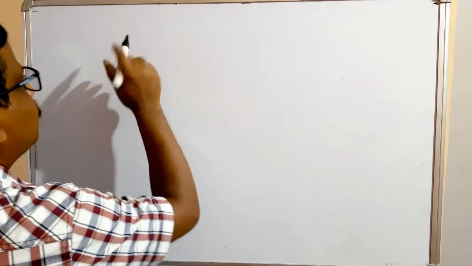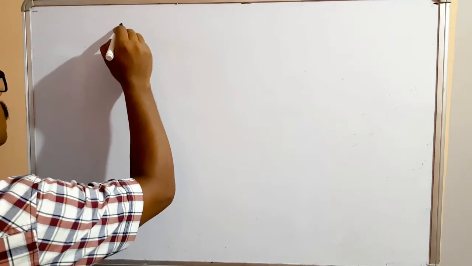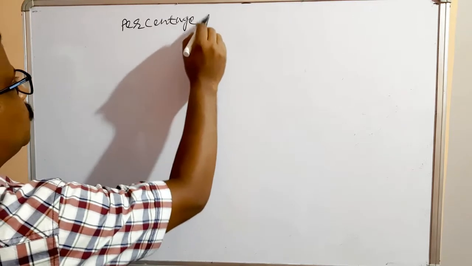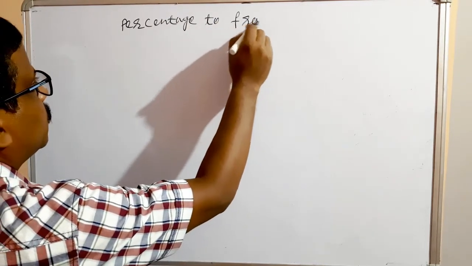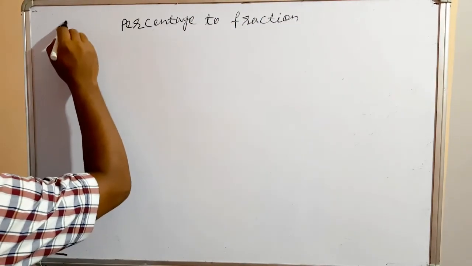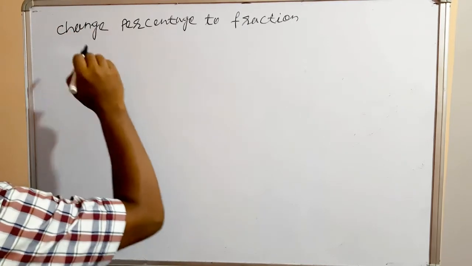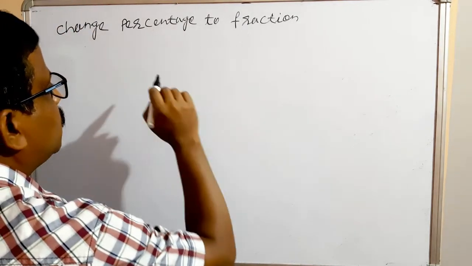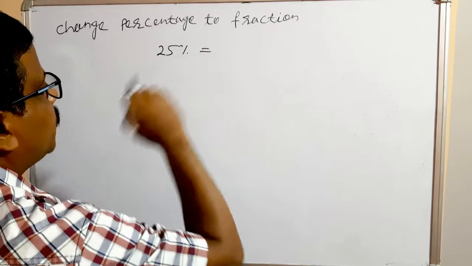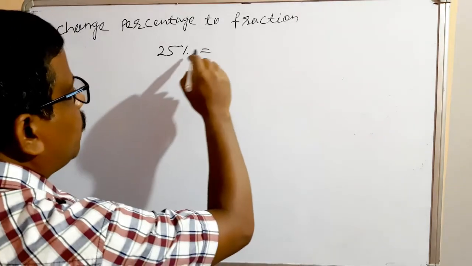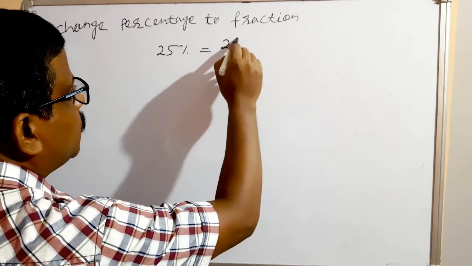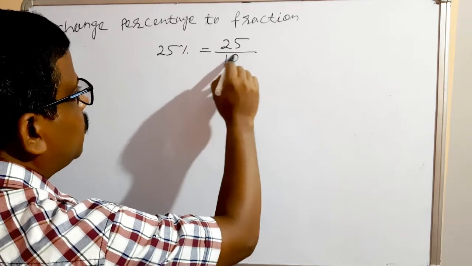First you write the heading: percentage to fraction. To change percentage into fraction, suppose the percentage given is 25%. So what will we do? First, 25% means 25 out of 100. So to change into fraction it means 25 by 100.